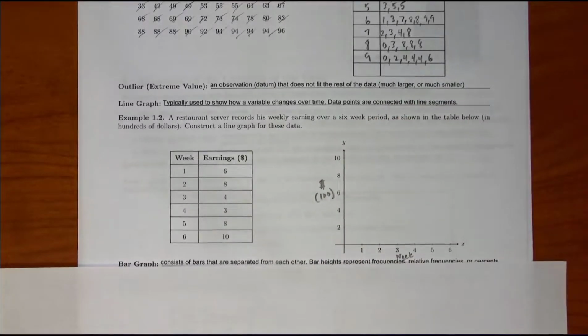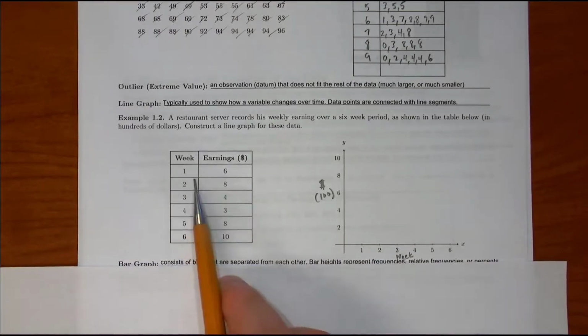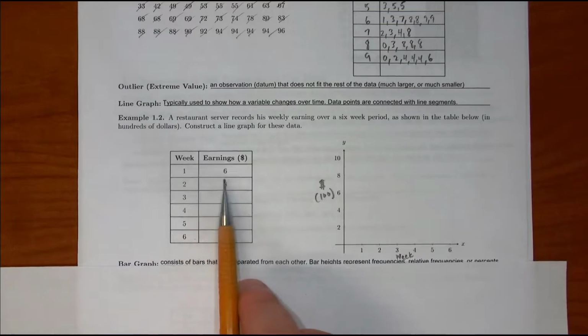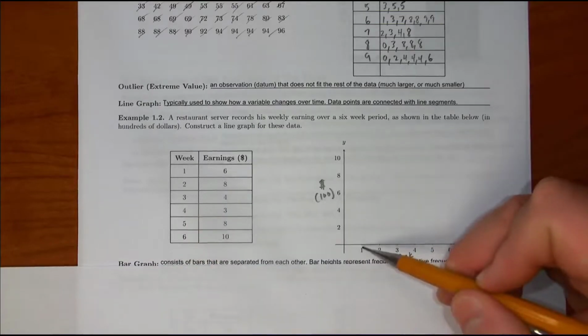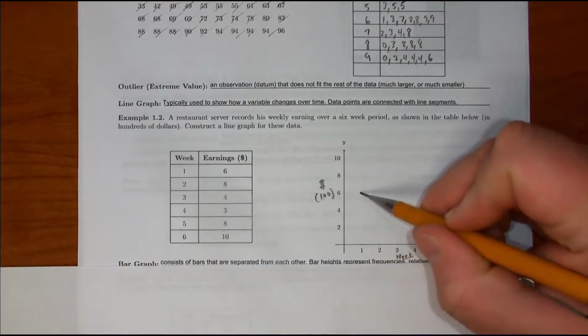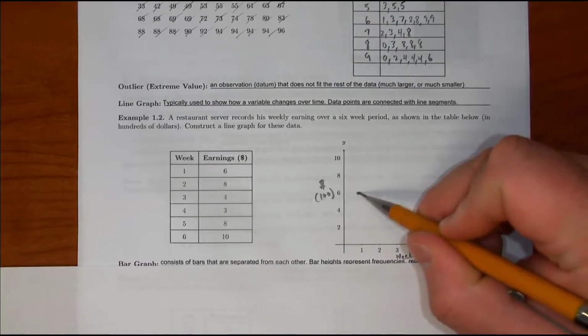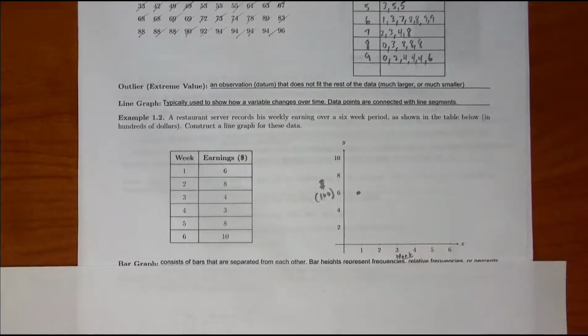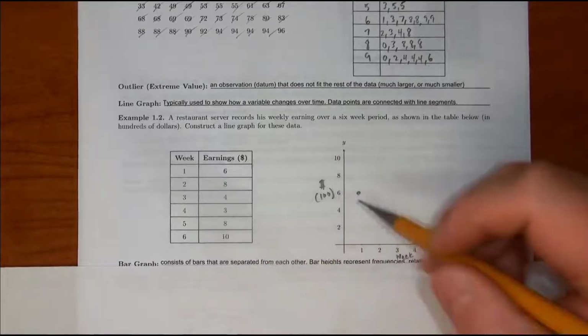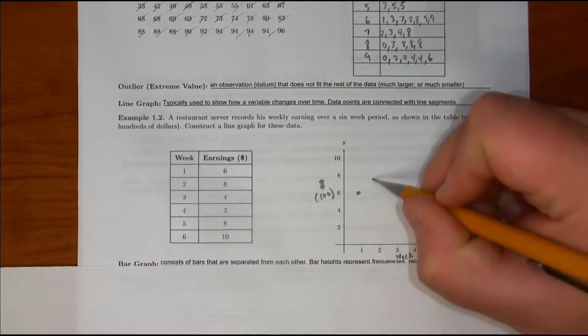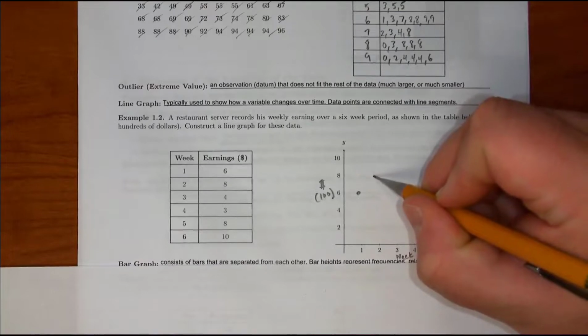Okay? So the first dot we would do, if you think about algebra class, is 1, 6. So 1 on the x-axis, 6 on the y-axis. Then week 2 was 8, so 2 on the x-axis and 8 on the y-axis.